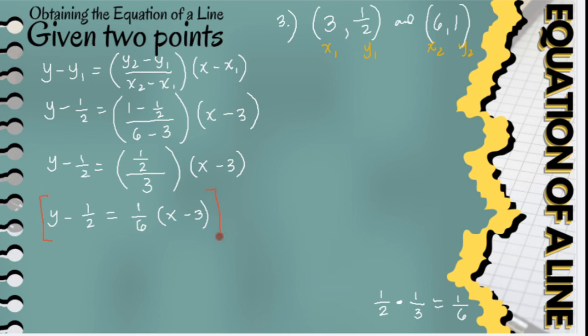So, i-multiply na natin siya by 6 para mawala na yung ating fraction. Okay? Now, 6 times y, that is 6y. Then minus 6 times 1 is 6, divided by 2 is 3. And then 6 times 1, 6 is 1. So, maiwan na lang si x minus 3.